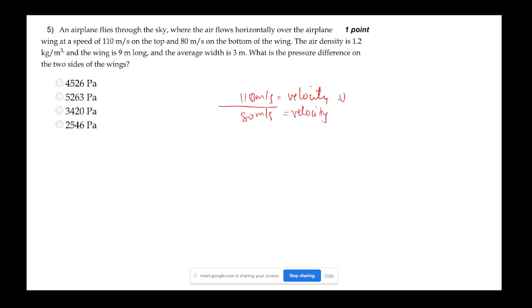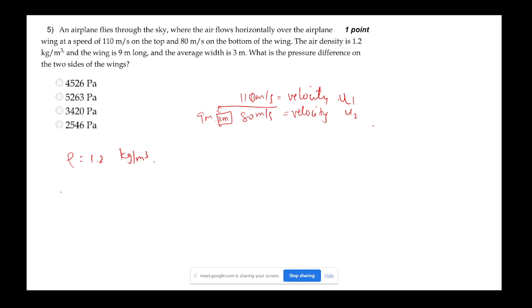Let's say this is 1 and this is 2, and the air density rho is given as 1.2 kg per meter cube. The wing has a length of 9 meter and a width of 3 meter. What is the pressure difference on the two sides of the wing?